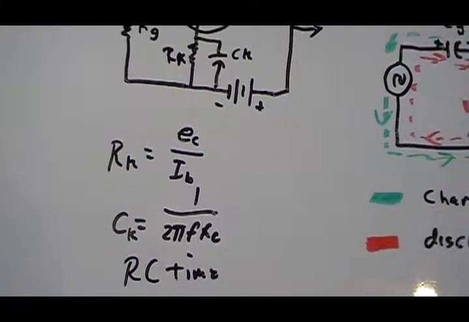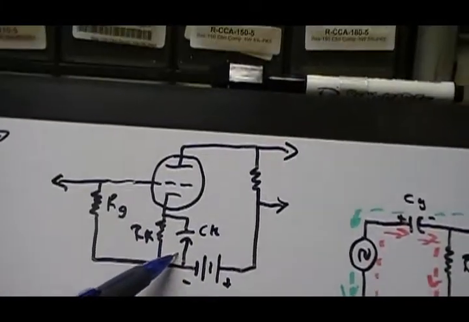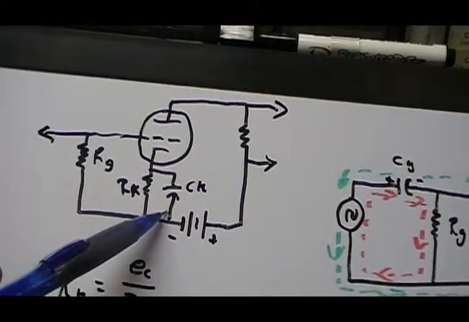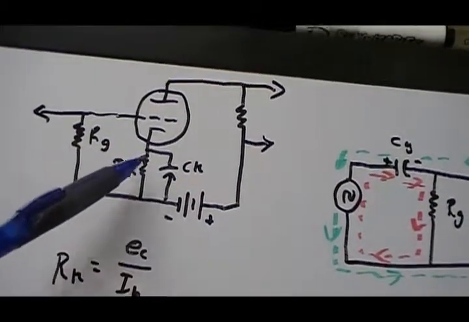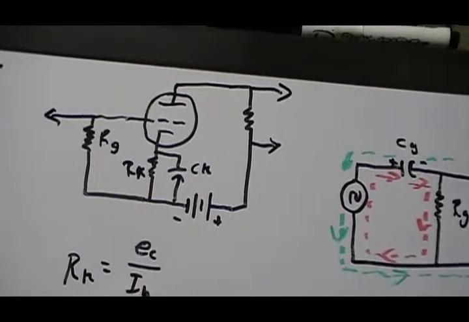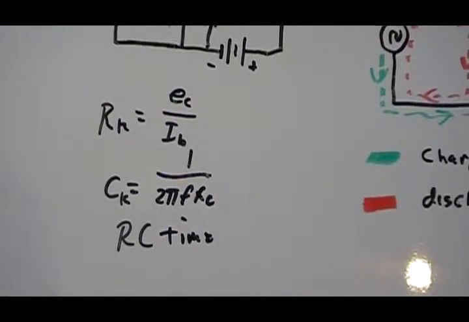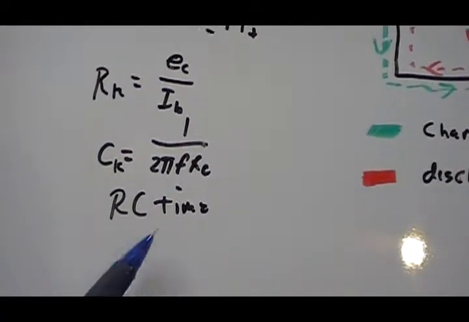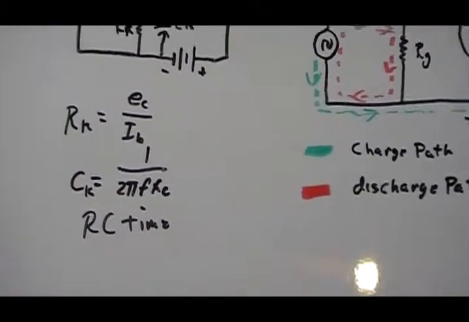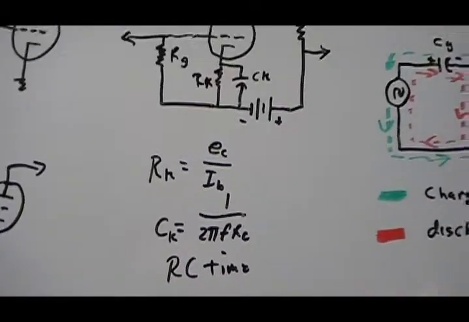And what that means is how quickly this capacitor discharges once this voltage is taken from it. And it's figured in seconds. R is in ohms, C is in, actually, microfarads, and time in seconds.